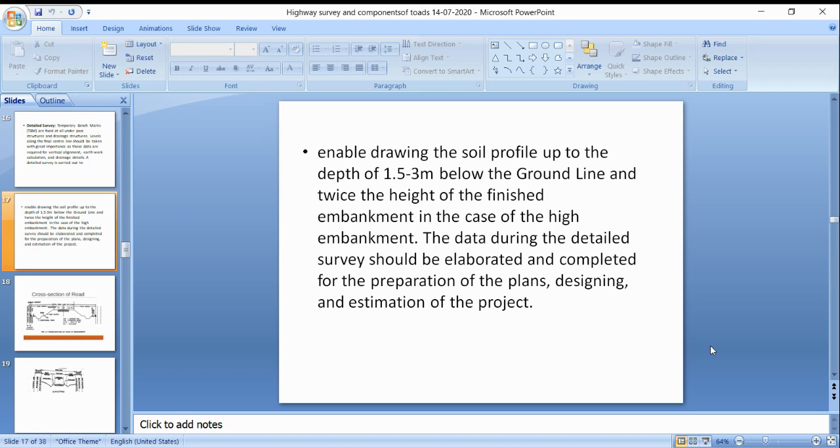The depth is generally taken at 1.5 meters to 3 meters below the ground level. The types of horizontal and vertical curves are to be designed in the approximate highway alignment.